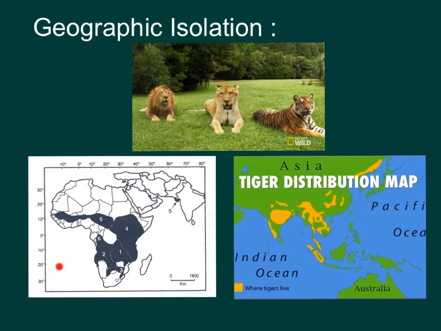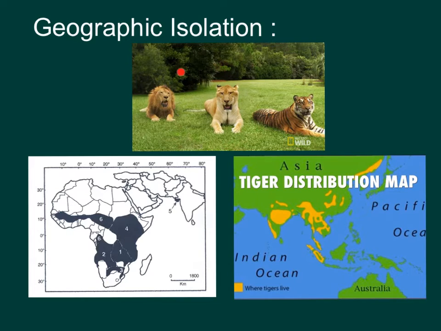Well, lions, in most cases, live here in Africa, and tigers live here throughout Asia. So lions and tigers do not usually mix except in captivity to form the liger. So we consider them different species.